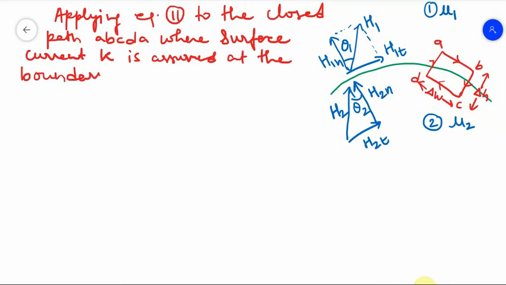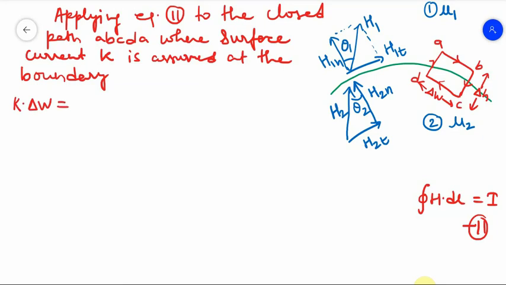So there is the existence of surface current K at the boundary, and in that case we are applying equation 2, and equation 2 was H dot dl equals I. This is from Ampere's law. So this was your equation 2 that we will apply here for the closed path ABCDA. So we can write here, this current can be written as what? K dot del W. In place of current we can write K dot del W, because del W is the path.